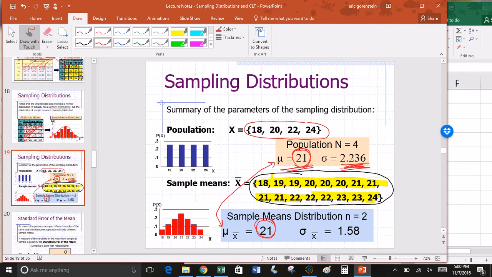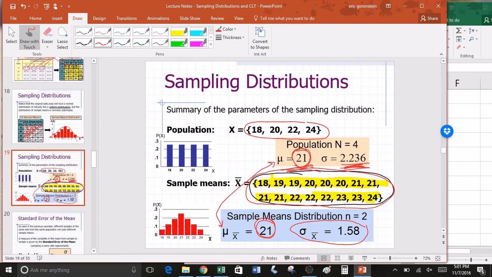And the standard deviation of this set is equal to 1.58. We'll talk about what this number is, this 1.58, a little bit later.